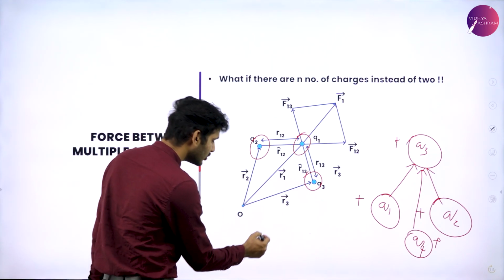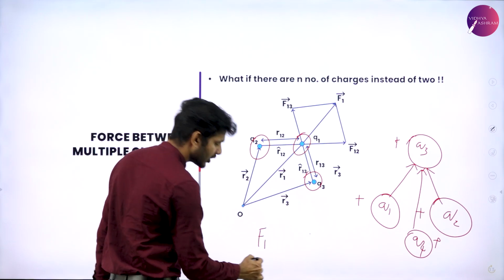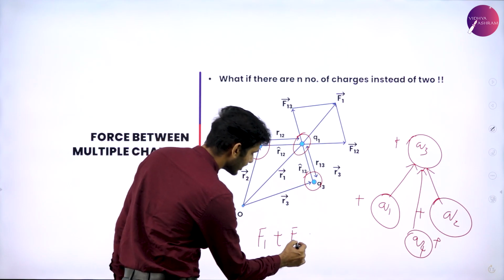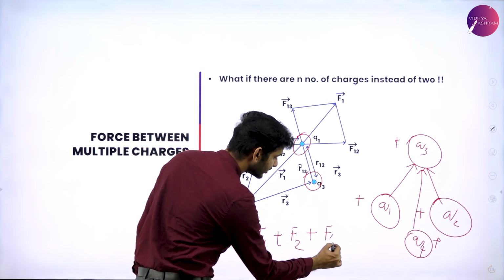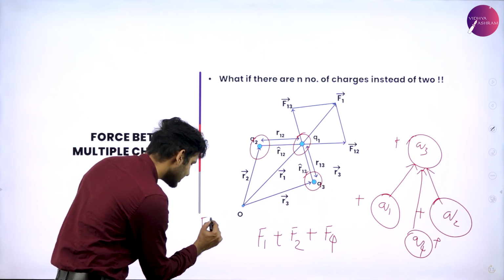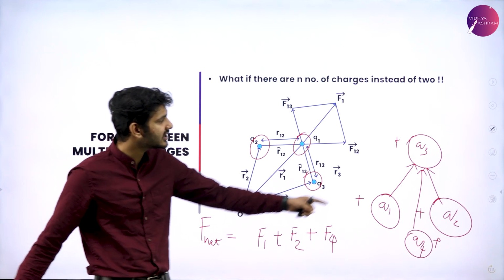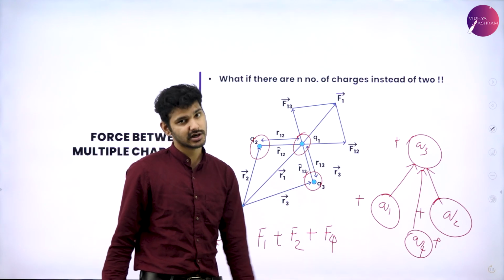We know that Q1 is putting a force of F1 on Q3, Q2 is putting a force of F2 on that, and finally Q4 is putting a force of F4 on that. So the total net force experienced by Q3 will be the sum of all these forces.